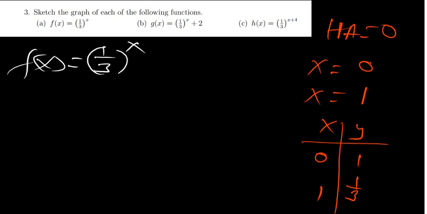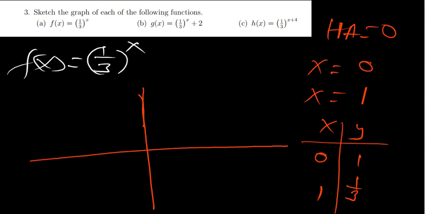In the x-axis we have got 0 and 1, so I'll just put 1 and 2. In the y-axis we have got 1, and we have another number, which is 1 over 3.